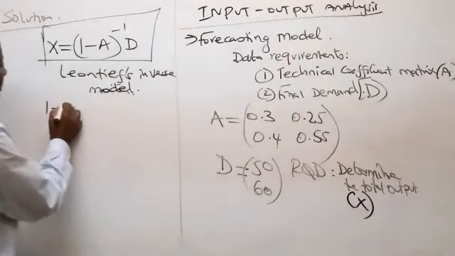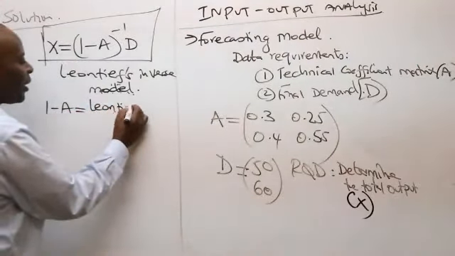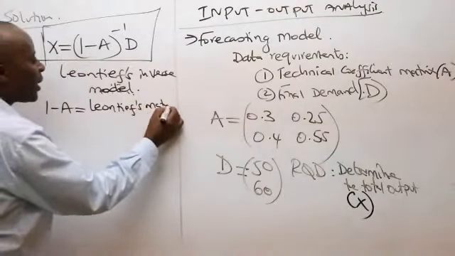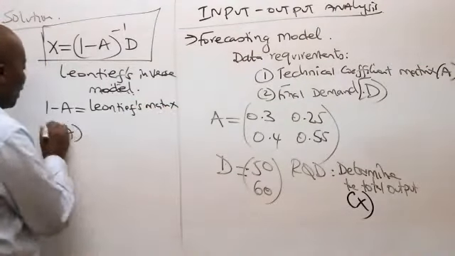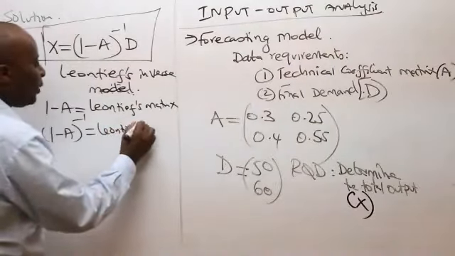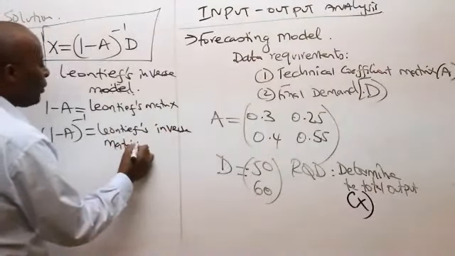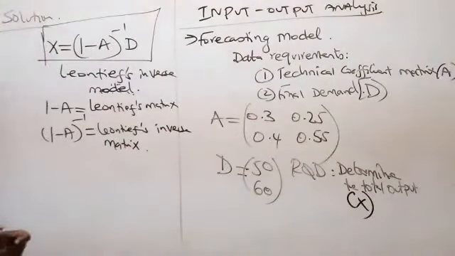It is this I minus A that we call the Leontief's matrix, and then I minus A inverse is the Leontief's inverse matrix.